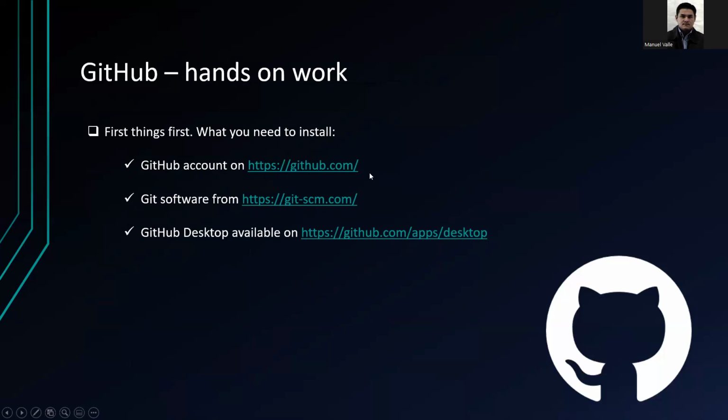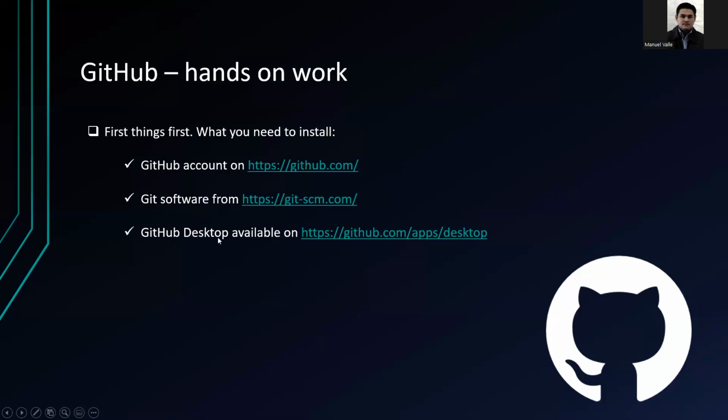Then we need to register our account using an email address and following the steps. Then when you are done, you need to get the official Git software from this page, git-scm.com.